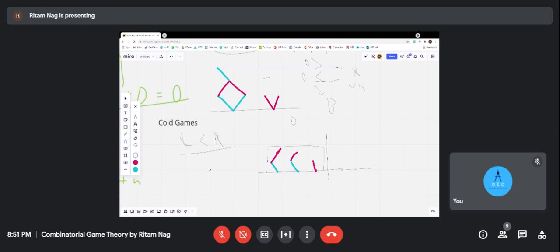This is what you would expect a half game to look like: 0/1. If blue plays, it goes to 0. If red plays, it goes to 1. That's what you would expect a half game to look like. So it's sort of between 0 and 1.